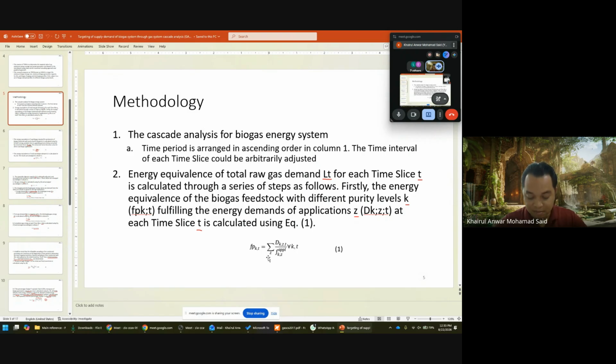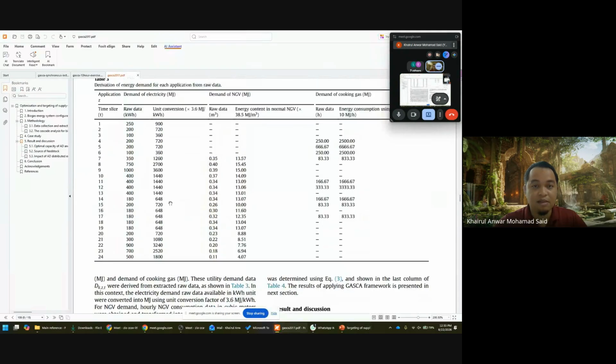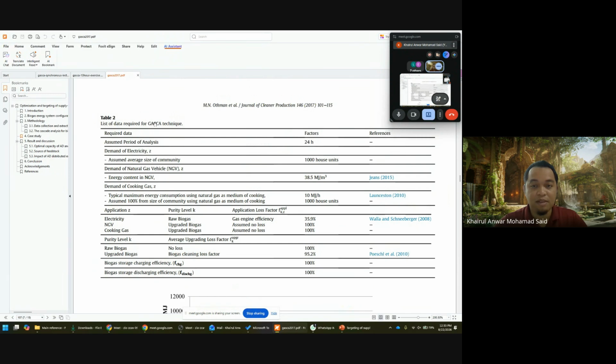It is from table 2, a constant. Each application has a different value. You cannot use 35.9 directly because it is a percentage; you need to divide by 100.